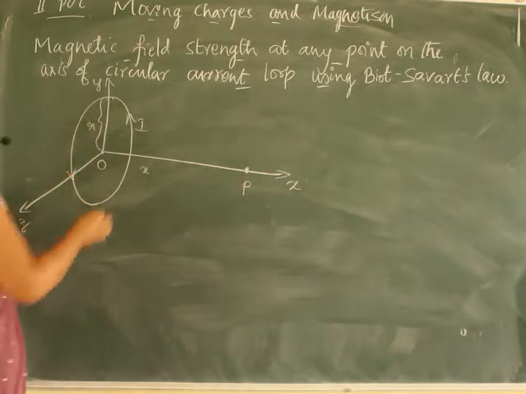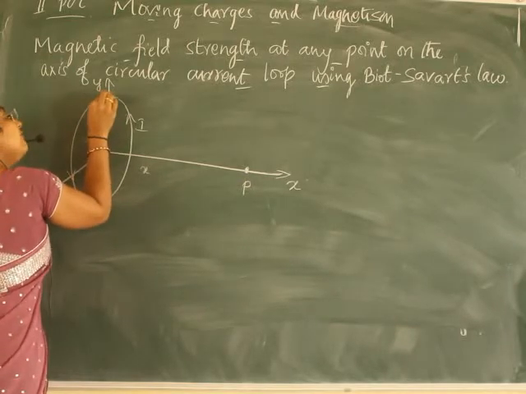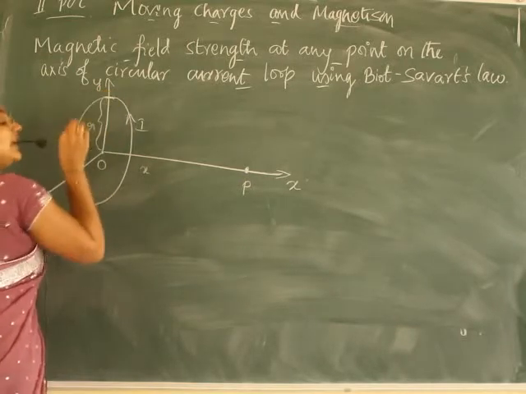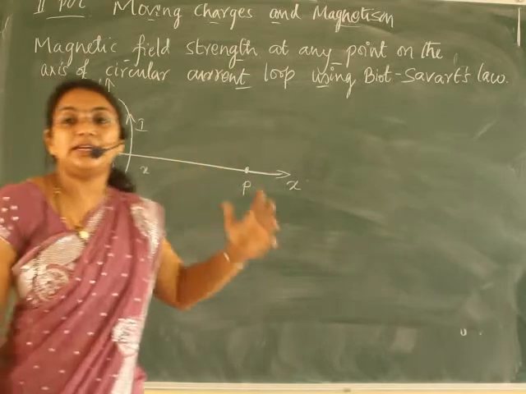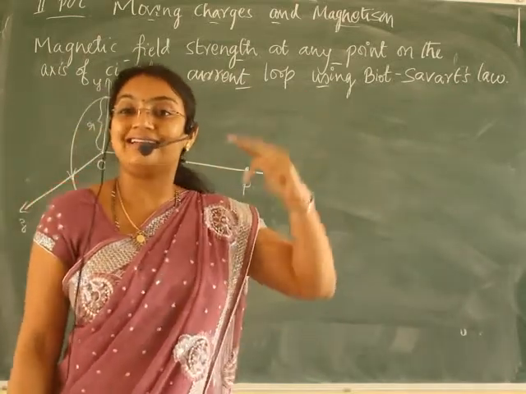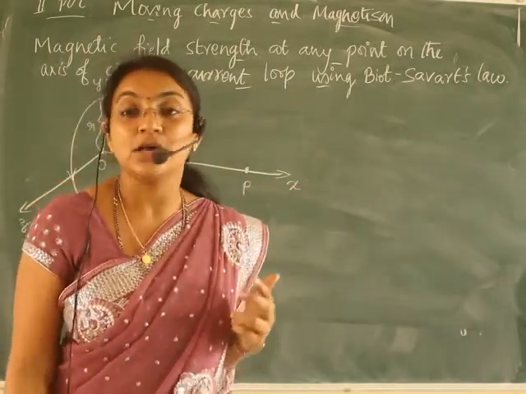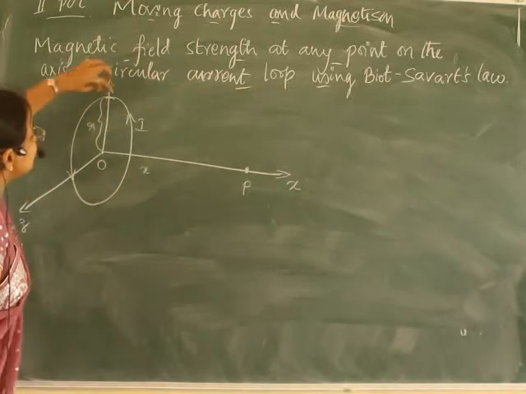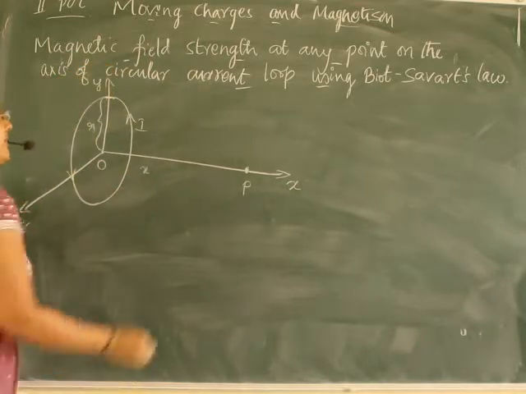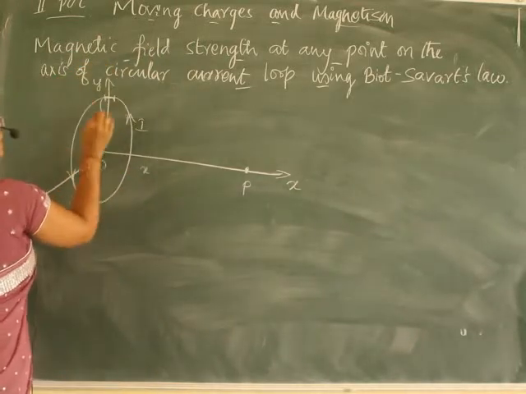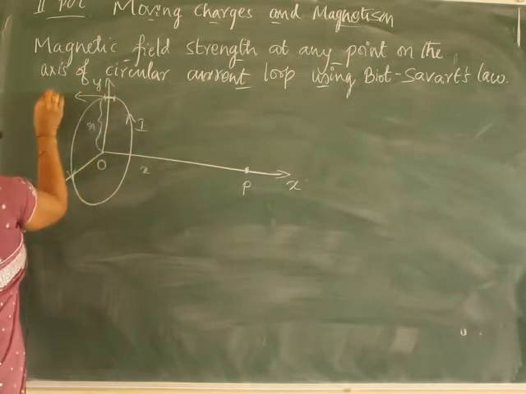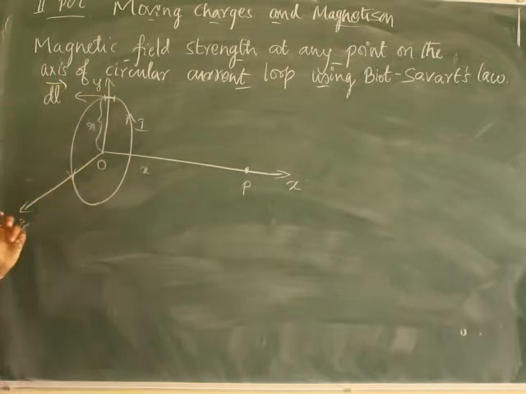So let me consider a small infinitesimal element. For me it is very difficult to consider the entire element for solving this. So what we will do? We will consider a small infinitesimal element of length dl, dl vector.